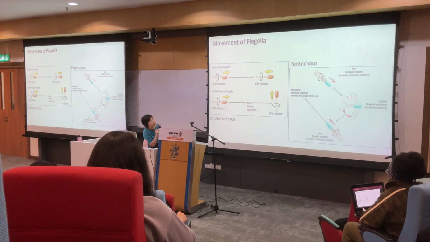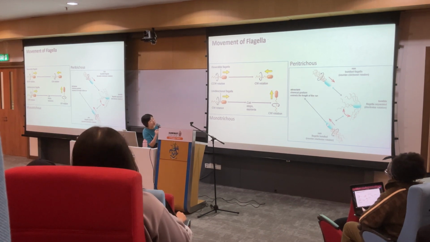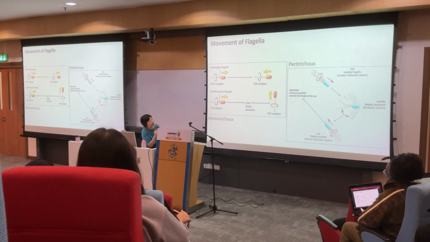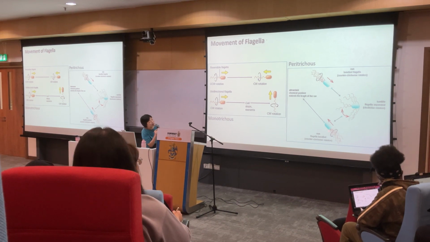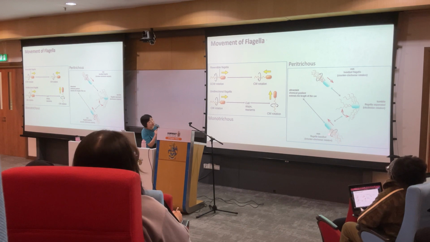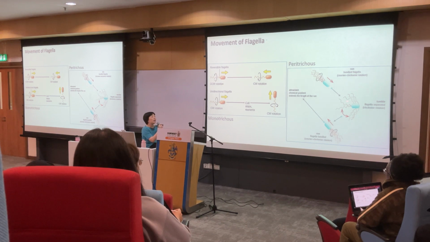So they stop moving some of the flagella and beat some of the flagella, allowing them to move in different directions. When the direction has been changed, they group the flagella into a bunch, and then they move at the same rotation, allowing them to move in one direction. So even though they have a lot of flagella, they can control which flagella to rotate and which are not to be rotated.